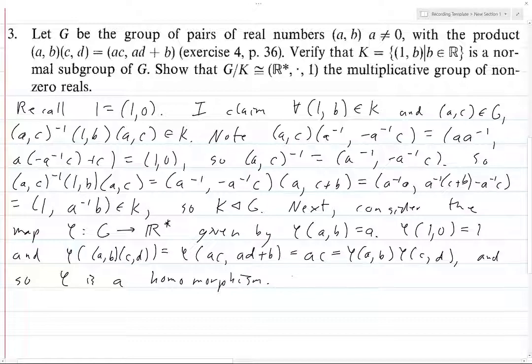Clearly, the kernel of phi is equal to K because the values of phi depend entirely on that first coordinate, and if it sends to 1, then its first coordinate has to be 1.